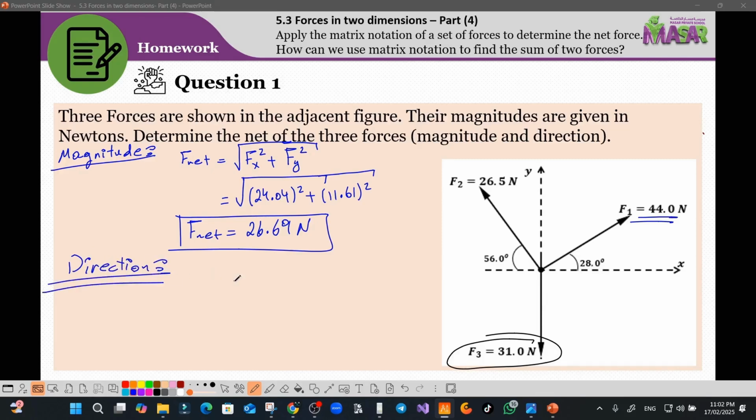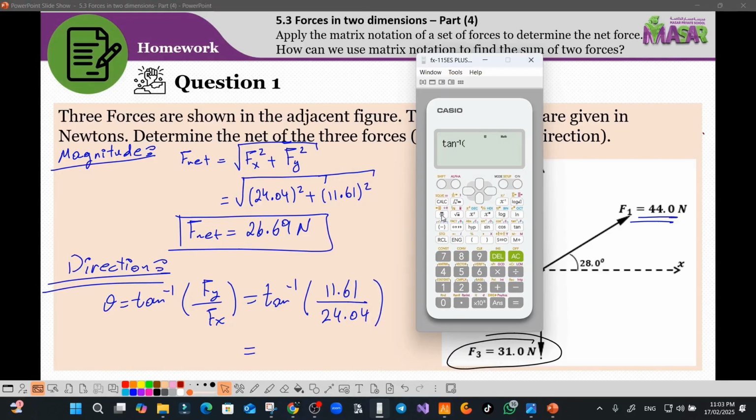The direction is theta equals tangent inverse of Fy over Fx, which is equal to tangent inverse of 11.61 over 24.04, and the value of the angle is 25.77 degrees.